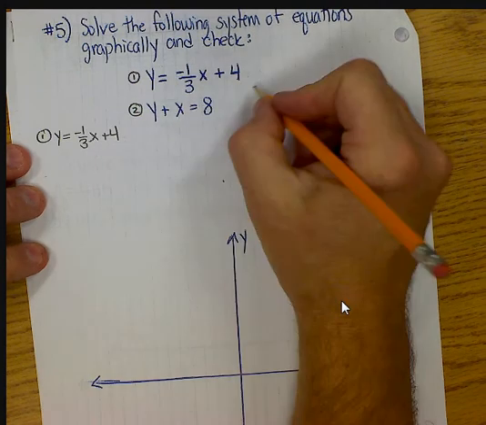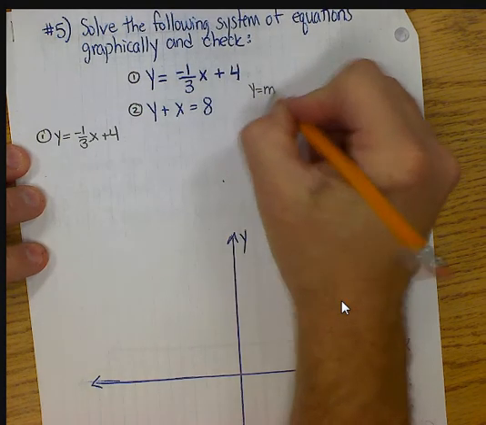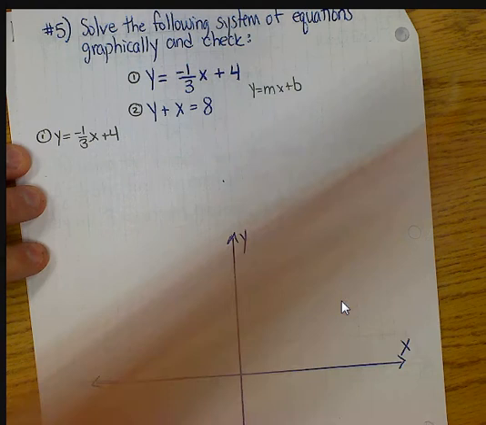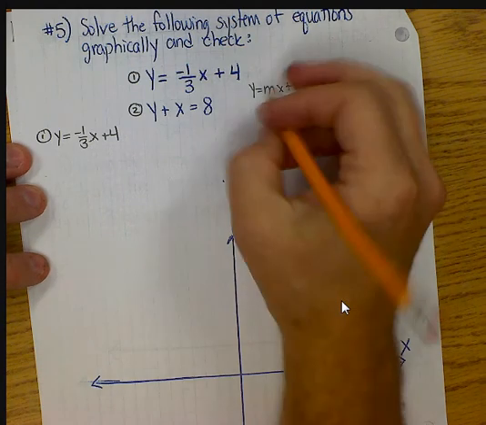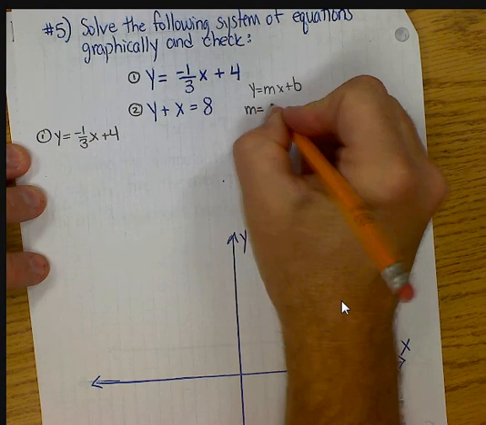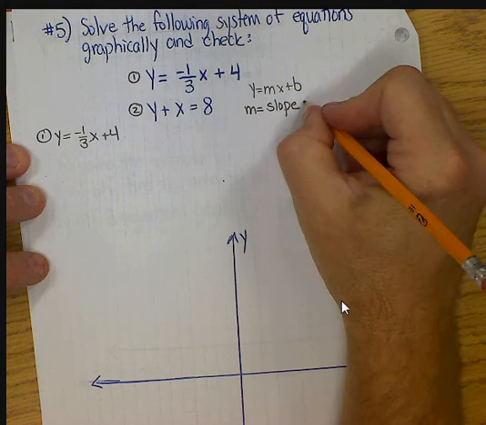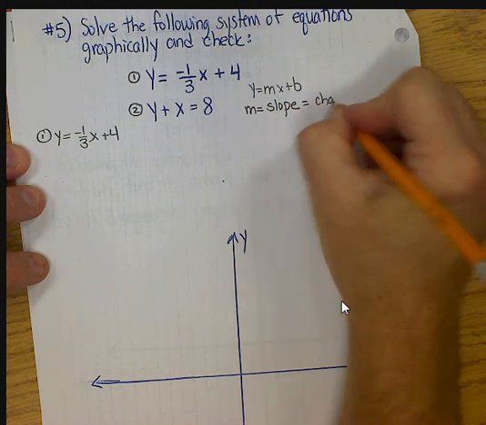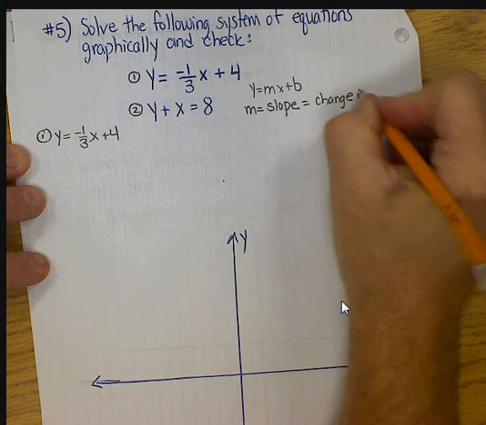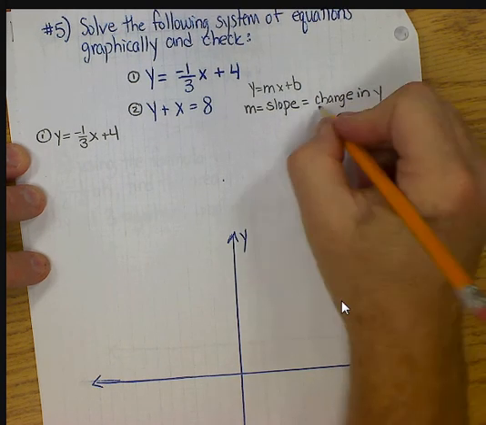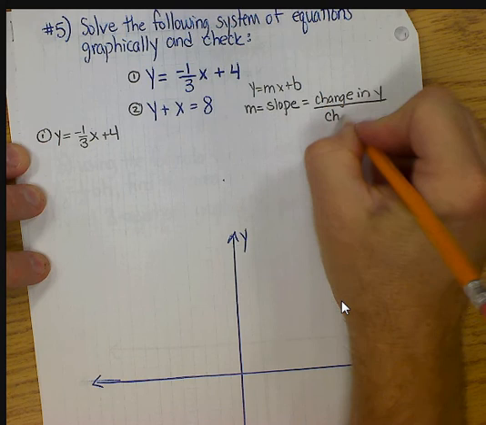Remember that our goal is to get it in y equals mx plus b form, where I can write down what the slope is. The slope is going to be my m, which we're supposed to know is the change in y over the change in x.